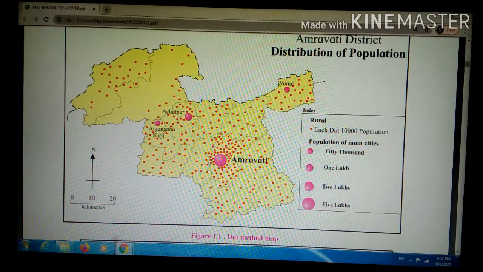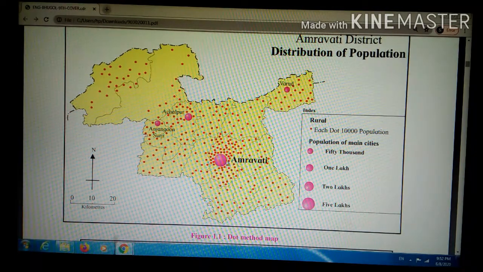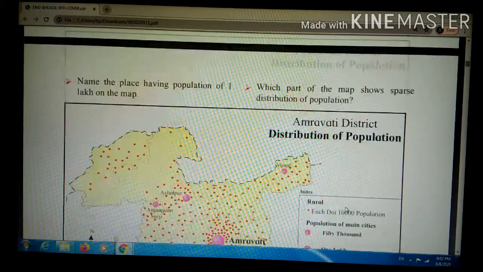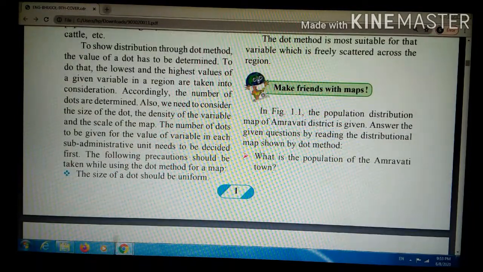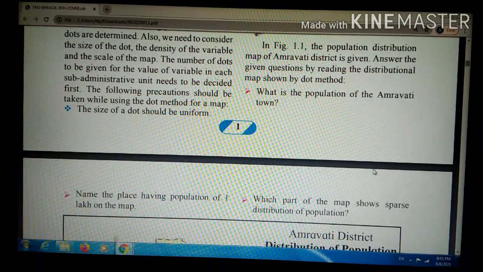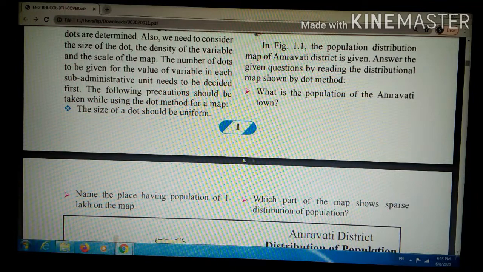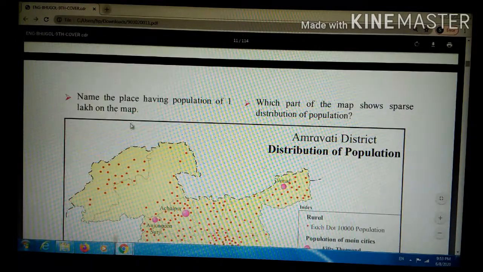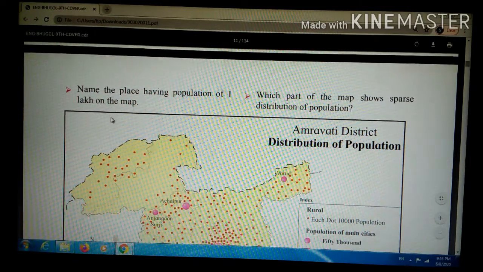Now they asked about a town. Here a town is there, Amravati, and they asked about its population. The population is given here as 5 lakh. Means the answer to this question is 5 lakh. Now next is: name the place having a population of 1 lakh on the map.